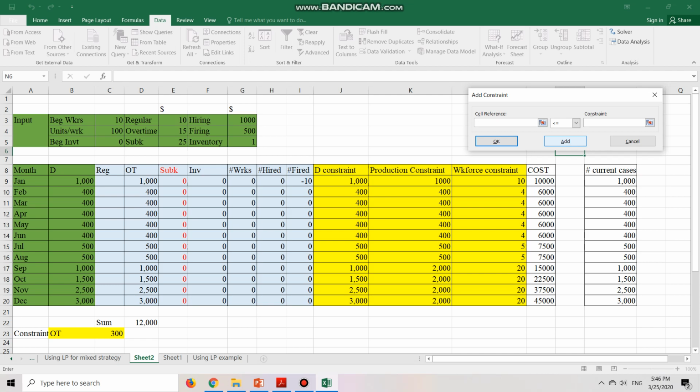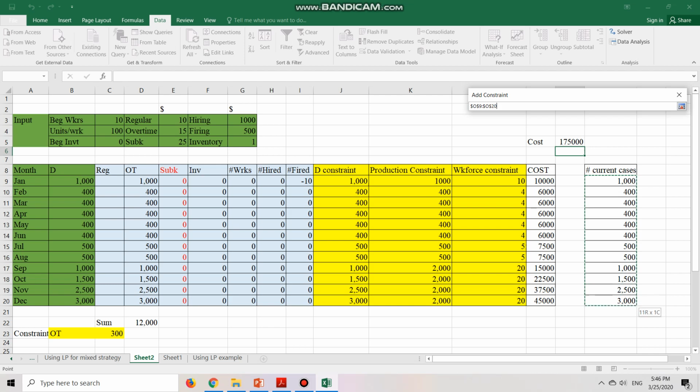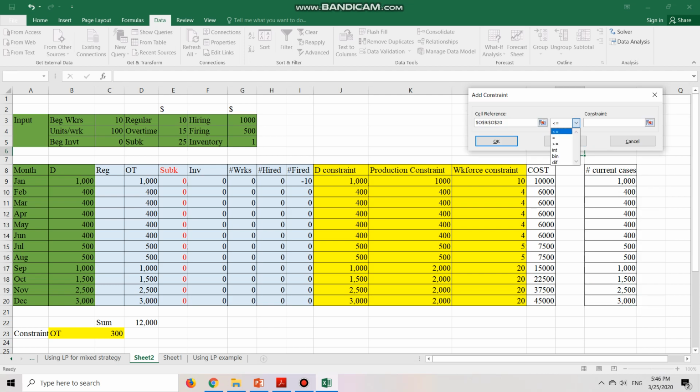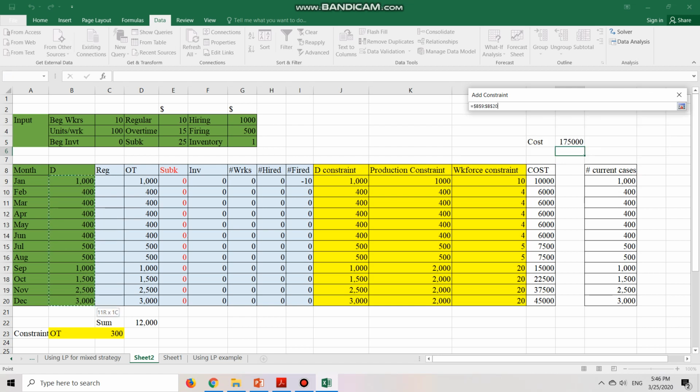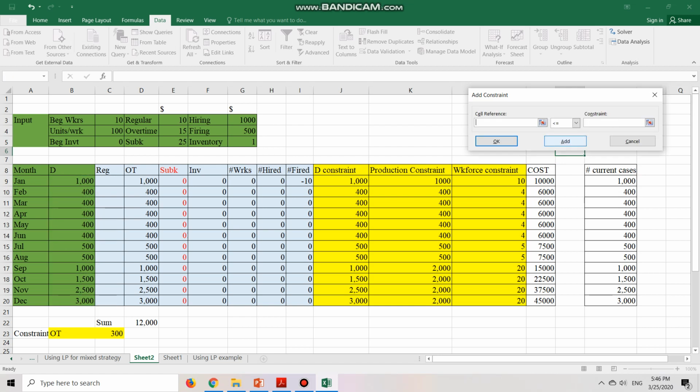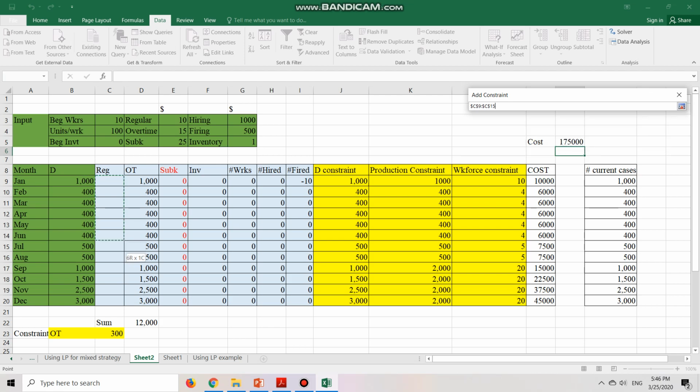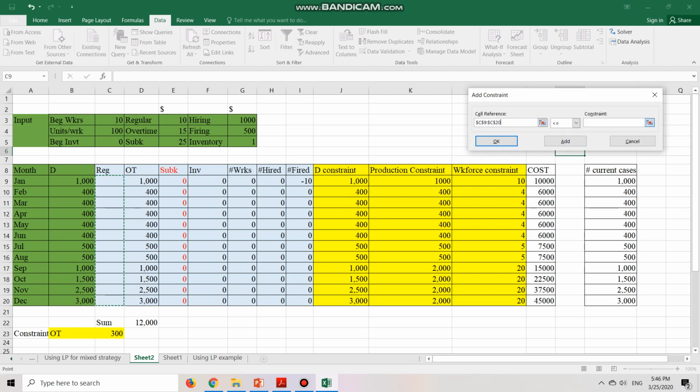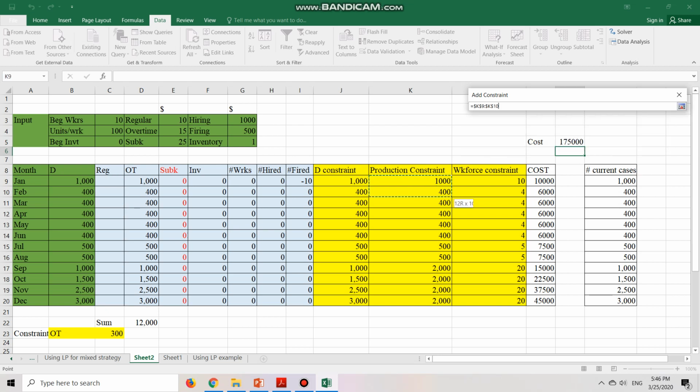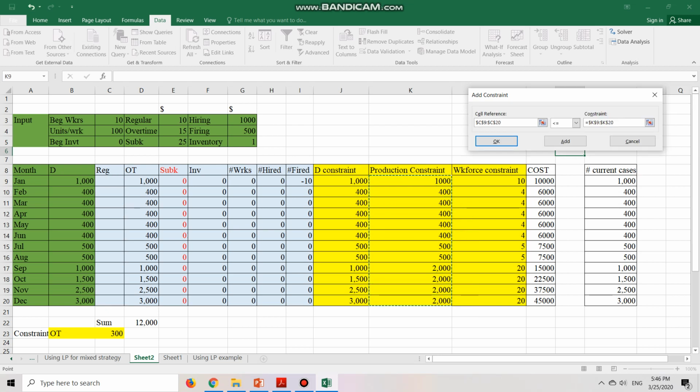The third constraint, do you still remember? That is no stockout is allowed. So the total of current products has to be larger than or equal to the demand. Okay. And the next one is the production constraint. So the regular production has to be less than or equal to the production constraint. Okay.